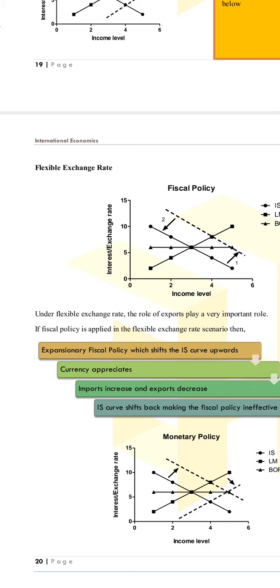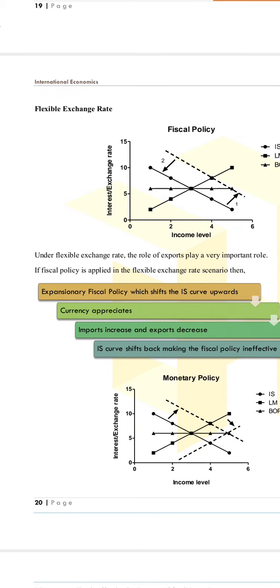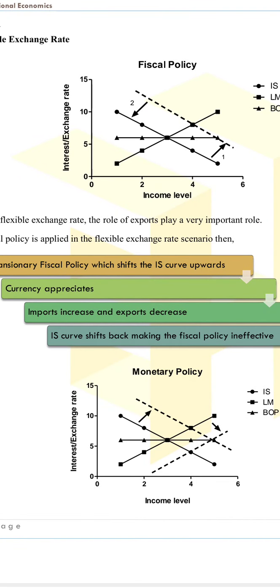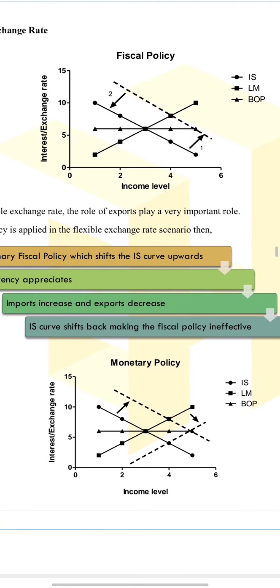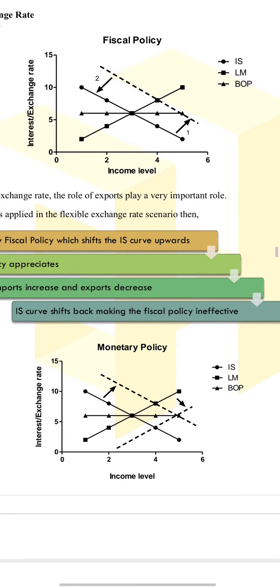If fiscal policy is applied in the flexible exchange rate scenario, then expansionary fiscal policy will shift the IS curve upward. The currency appreciates, then imports increase and exports decrease. The IS curve shifts back, making fiscal policy ineffective.